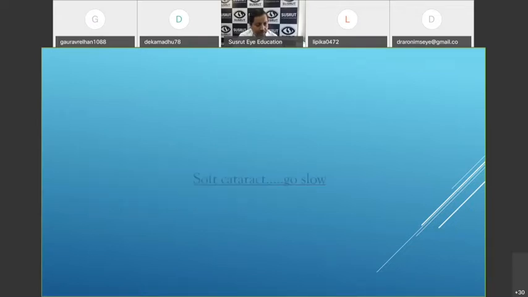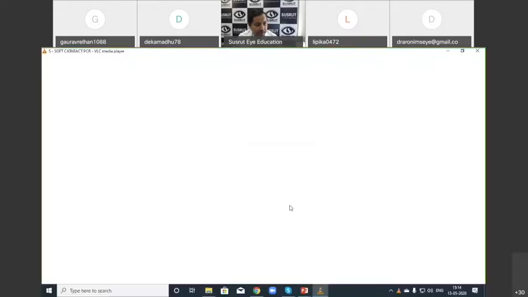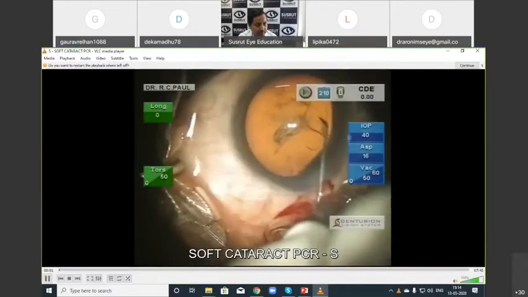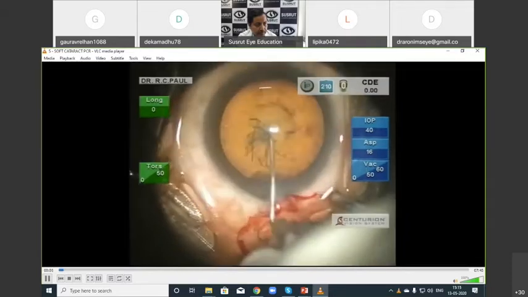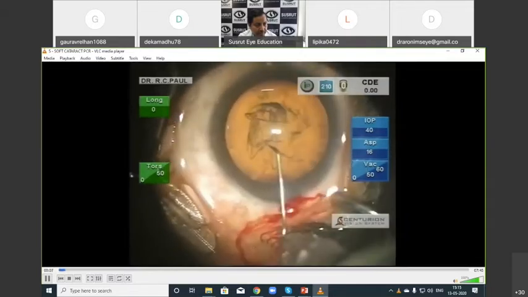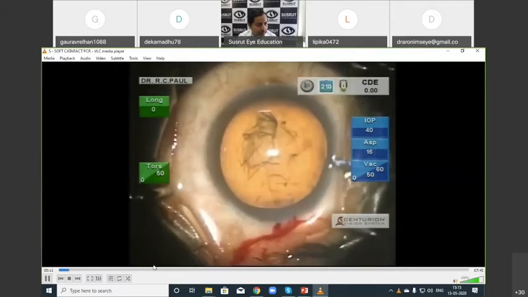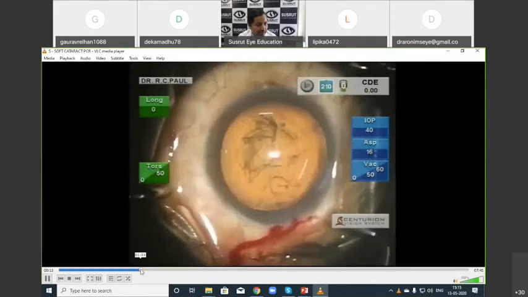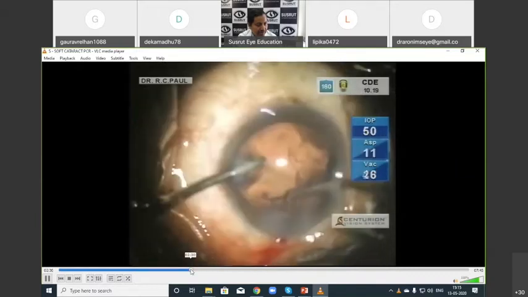We know about it. Now let me analyze one very easy cataract, a soft cataract. Capsulorhexis. There is nothing to share in fragmentation and fragment removal.